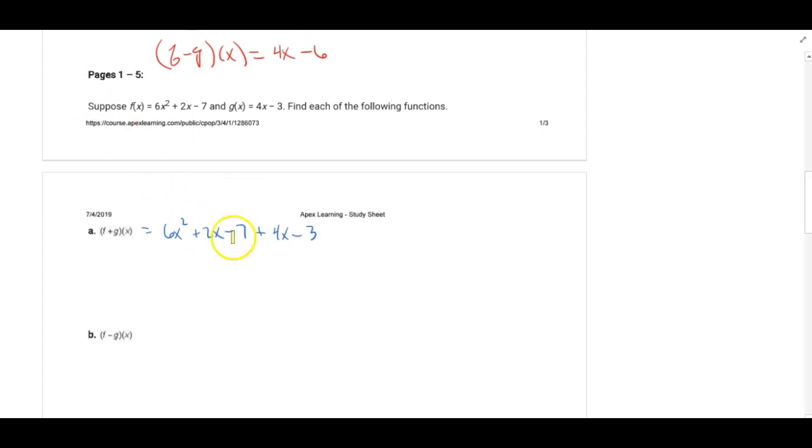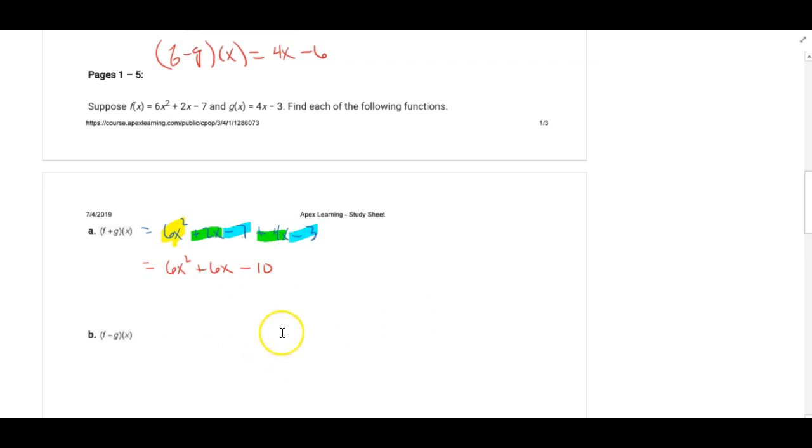Now when I combine like terms here, there's only one x squared term, and I have 2x and 4x go together, and then negative 7 and negative 3 go together. So in this case, f plus g of x would be 6x squared, then 2x plus 4x is plus 6x, negative 7 minus 3 would be minus 10.